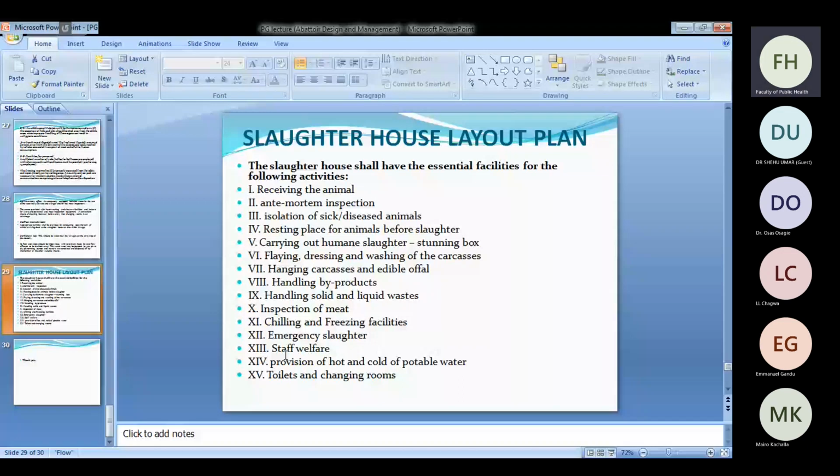Recommend solutions towards improving that abattoir for safe meat provision for the consumers and also for disease surveillance purposes and control of infection. Is it correct? Do you get it?